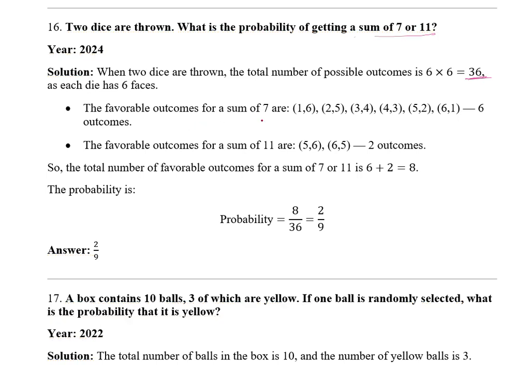The favorable outcomes for a sum of 7 are these 6. The favorable outcomes for a sum of 11 are these 2. The total number of favorable outcomes for 7 and 11, adding both, is 8. So 8/36.